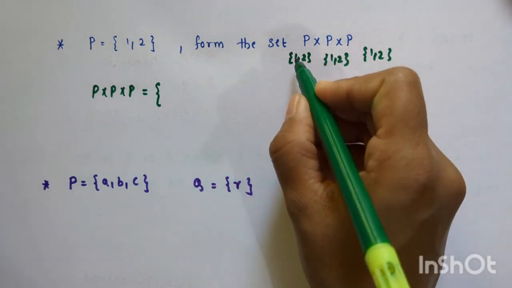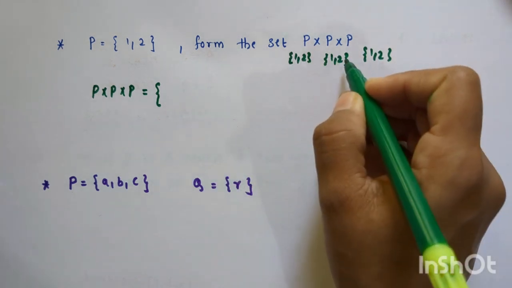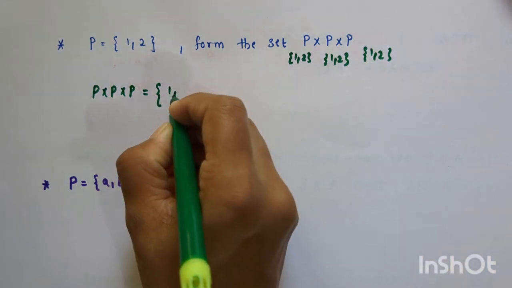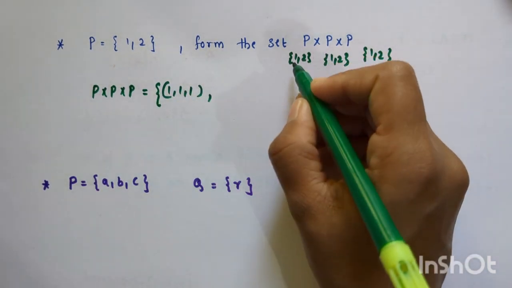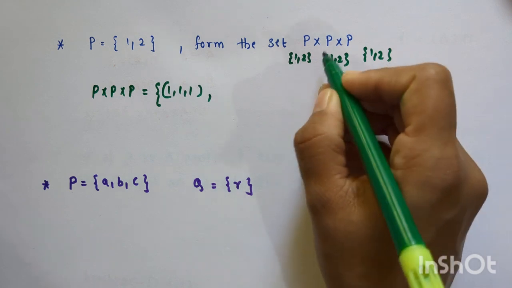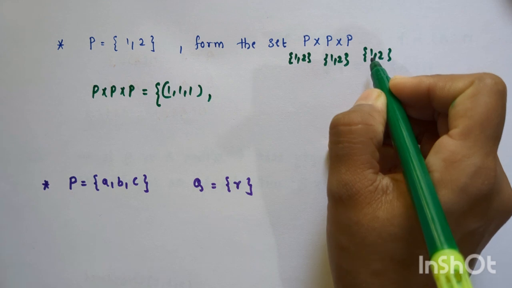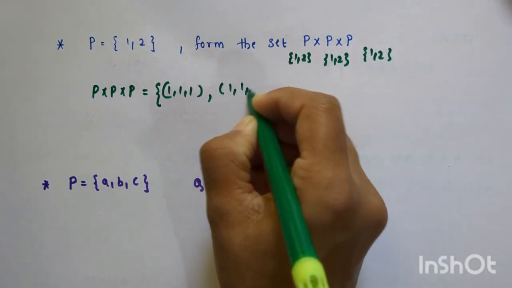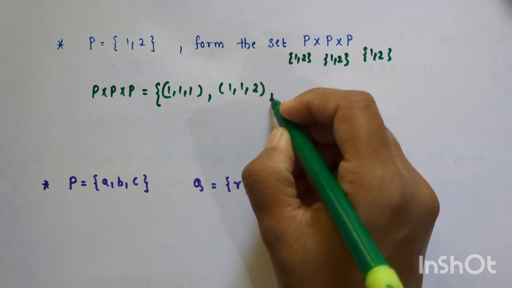That means you take the first element of P, the first element of P, again the first element of P, that is (1, 1, 1), an ordered triplet, comma. First element of P, first element of P, and second element of the third P, so (1, 1, 2), comma.